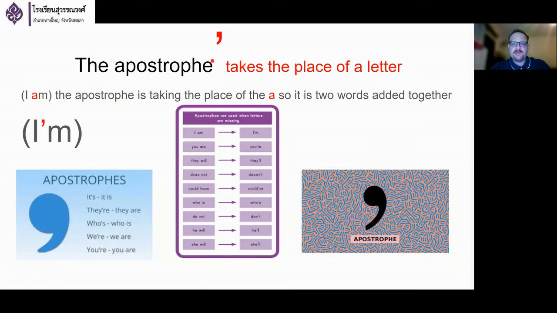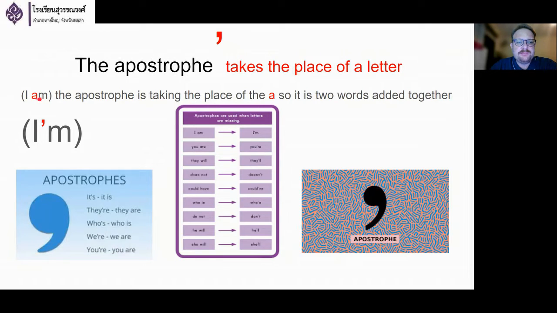The apostrophe right here, this red thing up here, I made it red so you would see what it looks like. It looks like a 9. Takes the place of a letter. I am. So you can see here, I am. I made the A red. That gives you a clue which letter is going to be eaten by the apostrophe.